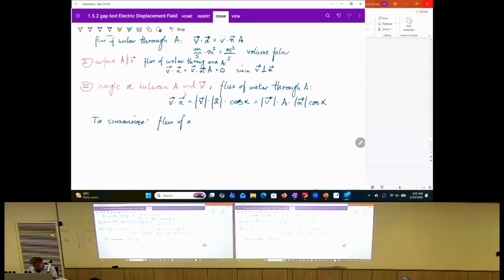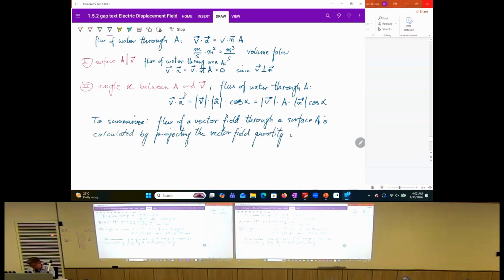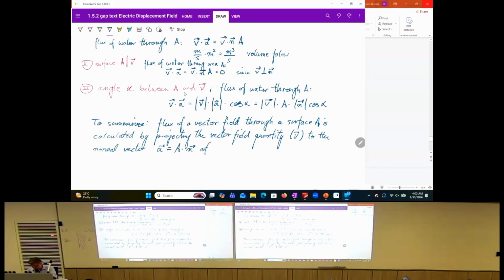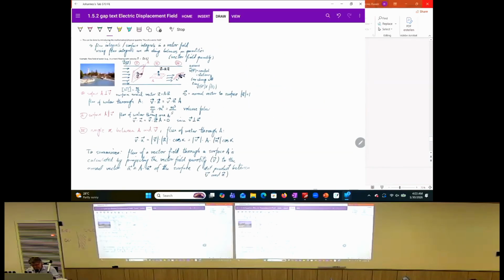So the flux of a vector field we obtain by projecting the vector field quantity onto the normal vector of the surface element. And that you obtain because you have this dot product between the v and the A. Okay.